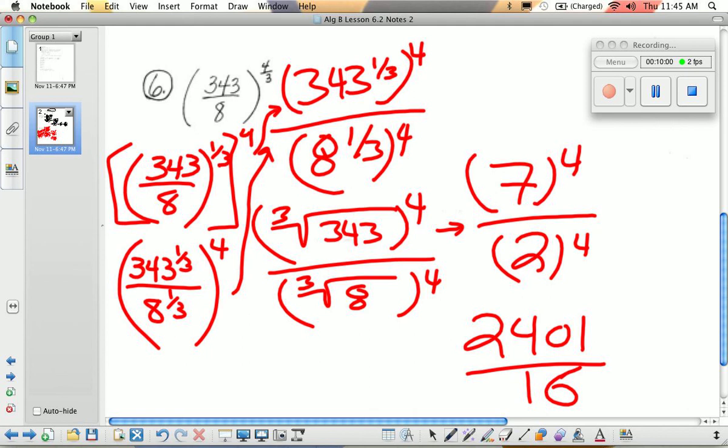Okay, I need you guys that are starting on the homework to be processing with us here. This is an important thing to make sure we understand. Why is it okay that not only do we end up with a numerator bigger than a denominator as it started, because it started with a numerator bigger than a denominator, so it's a good thing it ended that way, but why is it important also that 2,401 is bigger than 343 and 16 is bigger than 8?